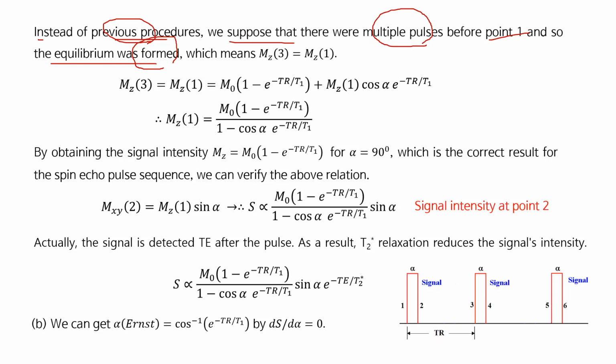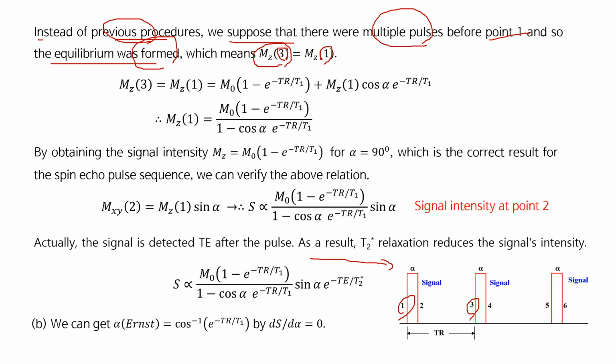So we can suppose mg3 equal to mg1. There are several processes before all this, so equilibrium was reached, and mg1 and mg3 will become the same for equilibrium.